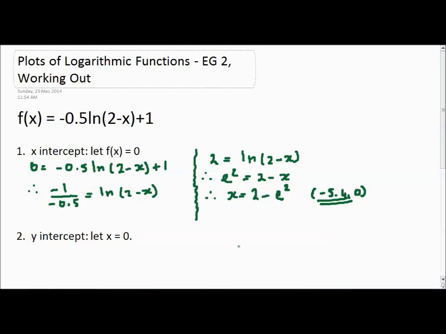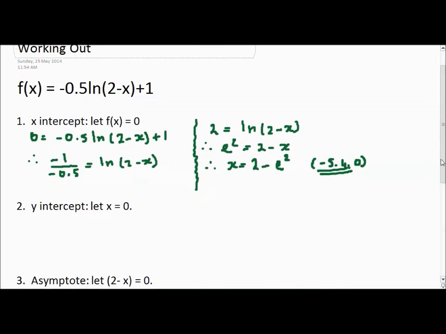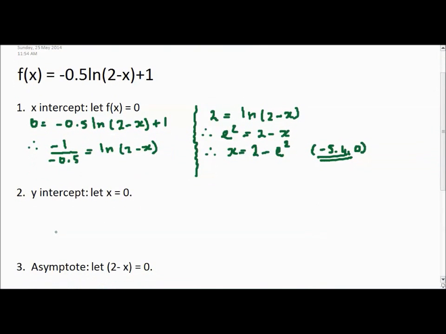Now the y-intercept, we're going to let x equal 0, of course. So that occurs at f(0). I keep saying y-intercept, don't I? But I mean the function axis intercept.